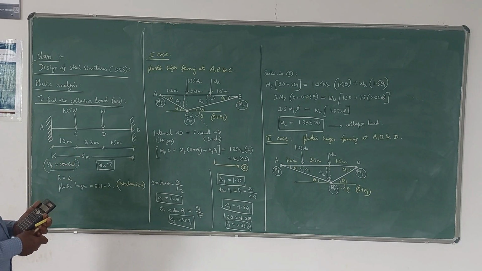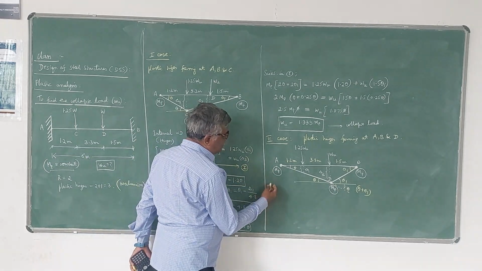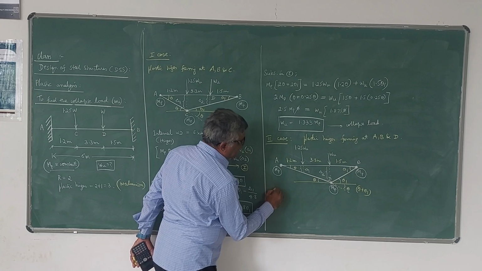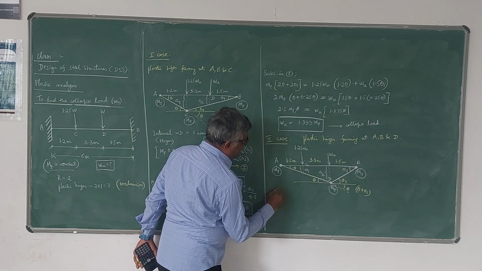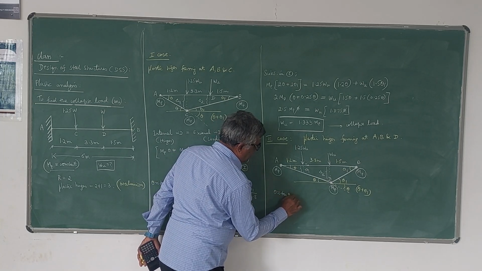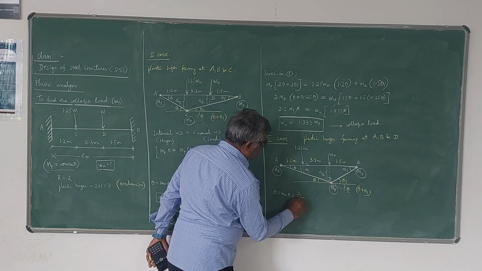Okay, so here also we need to find the relationship between delta 1 and delta 2 as well as theta and theta 1. So let me write the relation now. If you take this triangle, this is C. In this triangle, theta nearly equal to tan theta, which is equal to delta 1 by 1.2.